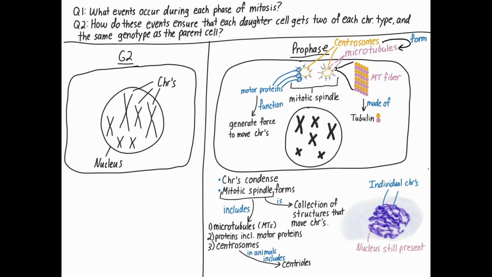In animals, the centrosome is made of two centrioles, shown here. During prophase, these mitotic spindles move towards the ends of the cell.